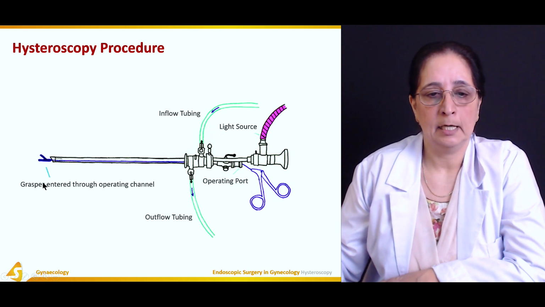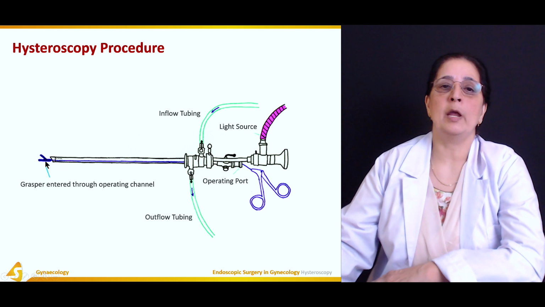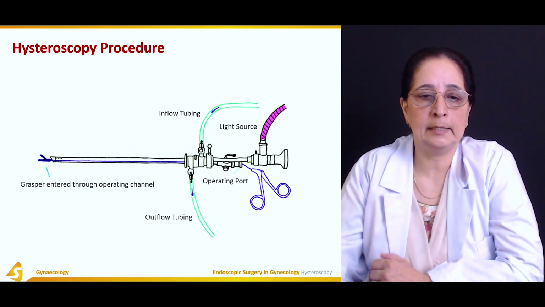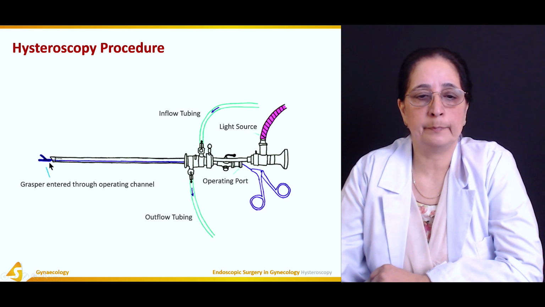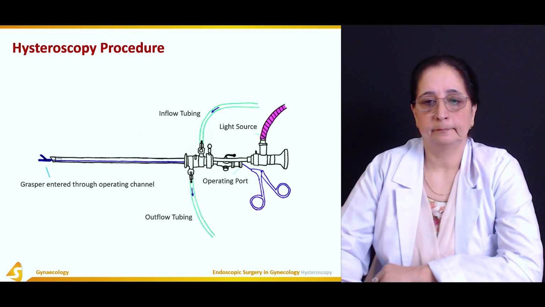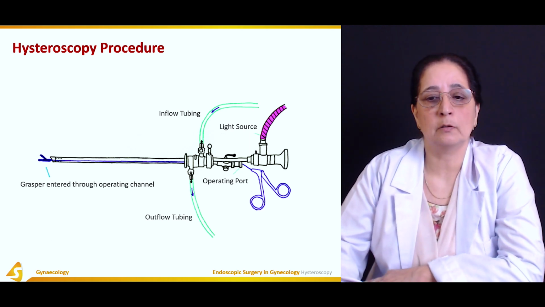And this is the grasper entered through the operating channel here. This is the instrument to remove any tissues, for biopsy or anything else, entered through that operating port. This is again a picture with more detail of the hysteroscope.